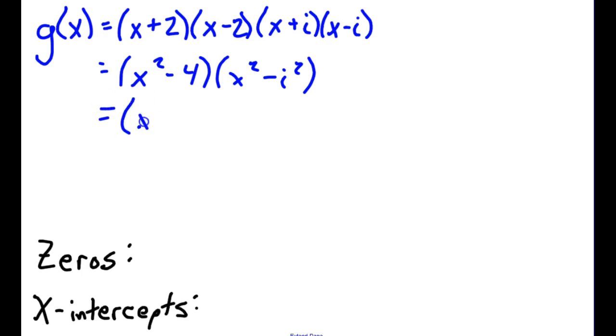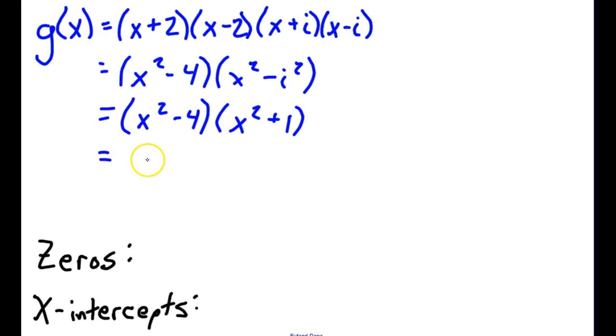And then recalling from the last slide, i is equal to the square root of negative 1. So if you square that, we have minus negative 1. So we can simplify that down to x squared plus 1. Now we go through, multiply, and FOIL out here.